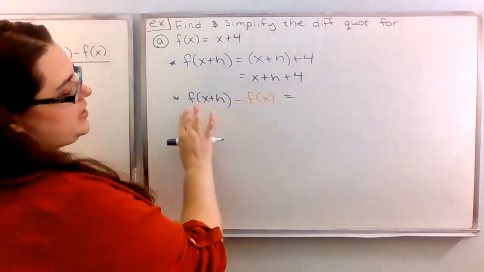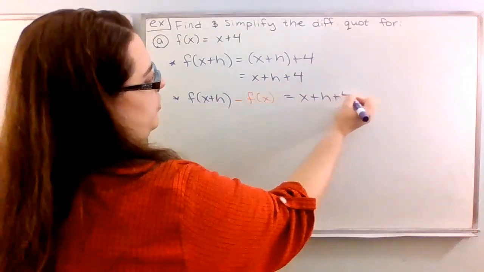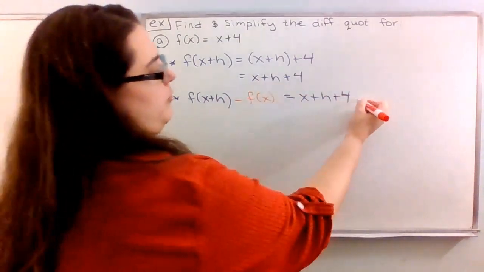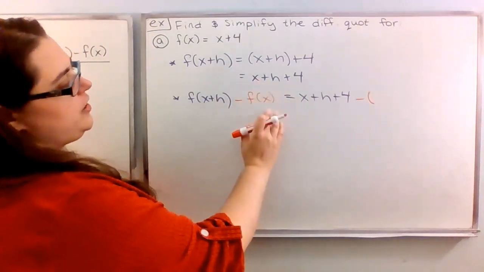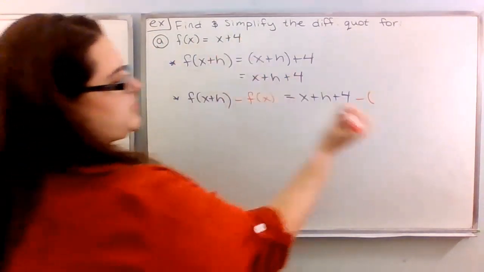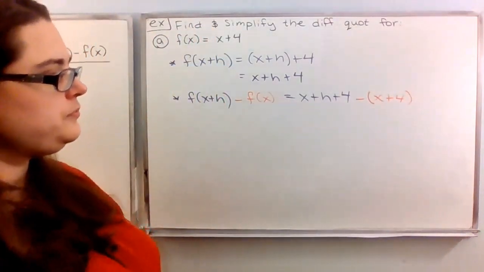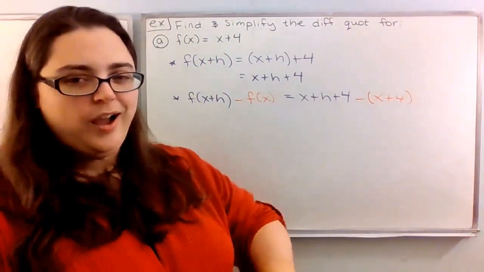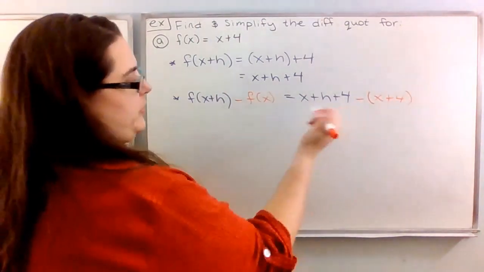So f of x plus h we found up here, x plus h plus 4, minus parentheses. Now we're going to write out f of x. So f of x is just x plus 4. Close those parentheses. All right, so now we can simplify this expression. We'll distribute that minus sign.